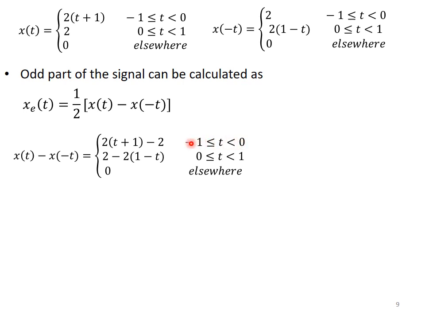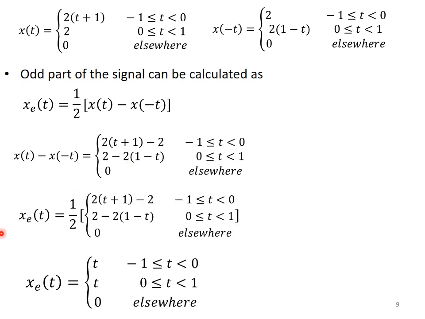For example, minus 1 to 0: you have 2t plus 1, and you have 2. So 2t plus 1 minus 2, and similarly here 0 to 1 you get 2 minus 2 into 1 minus t, and 0. Simplify it further and divide it by 2, you will get the odd part of the signal.